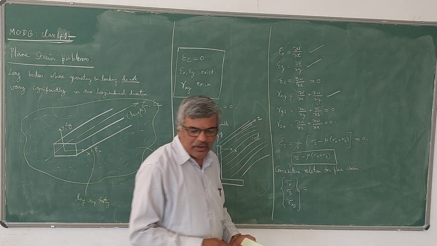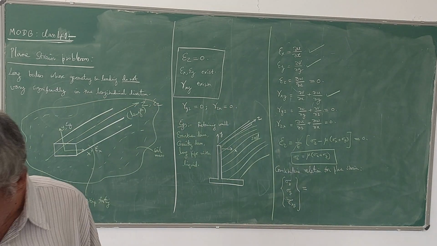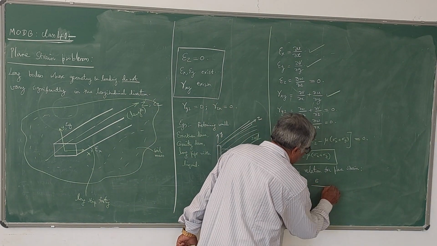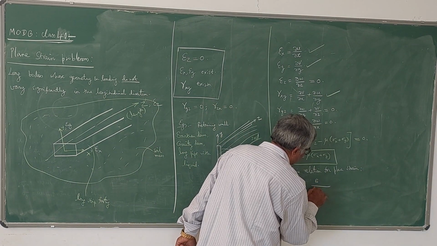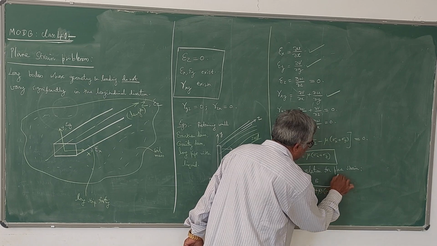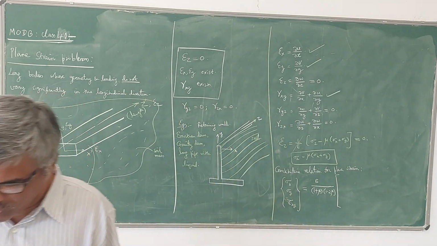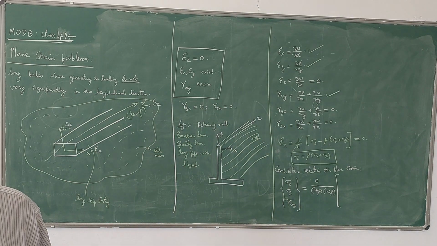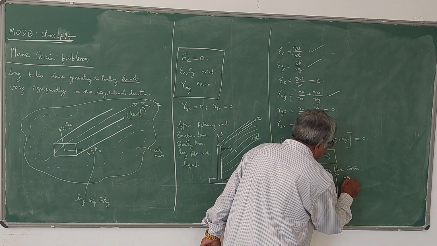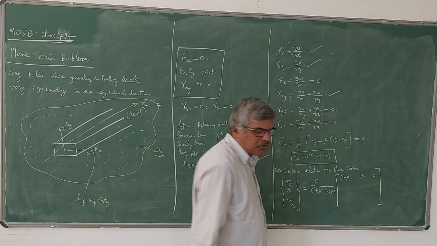This will be equal to the material property matrix. Material property matrix is E divided by 1 plus mu into 1 minus 2 mu, where mu is the Poisson's ratio, E is the Young's modulus of the material of the structure or the body, into you have 1 minus mu, mu, 0.